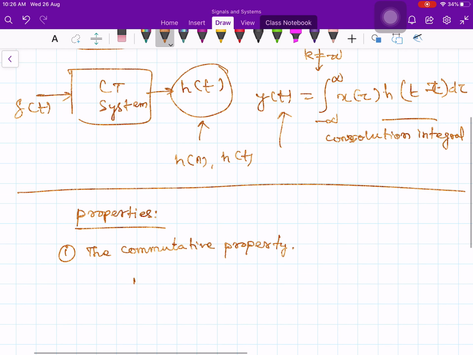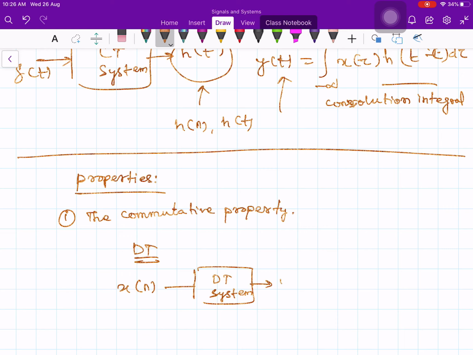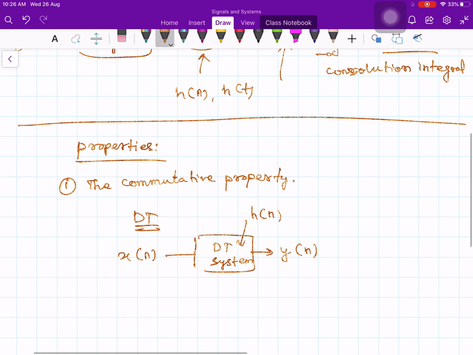You take x of n and give it to the discrete time system, and the output is y of n. The system has impulse response h of n. Therefore, y of n is equal to x of n convolved with h of n.